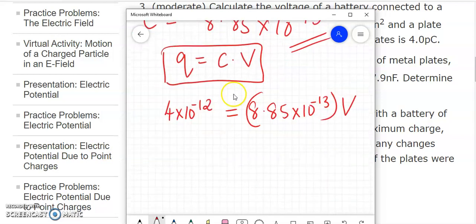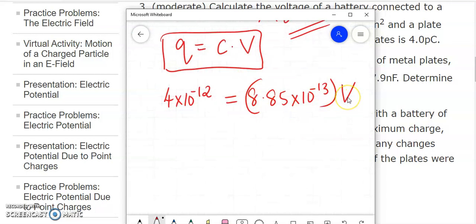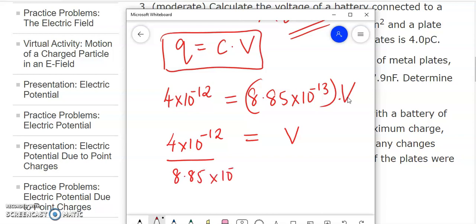So you need to make your voltage as the subject. So you keep voltage on one side of the equation and then you bring this number with this. So it's going to be 4 into 10 raised to minus 12 divided by 8.85 into 10 raised to minus 13. And then, so every time you put these two arrows like this, it just says that this is the next step.